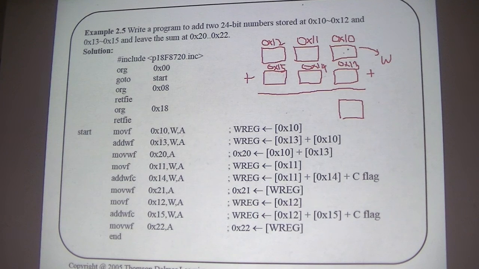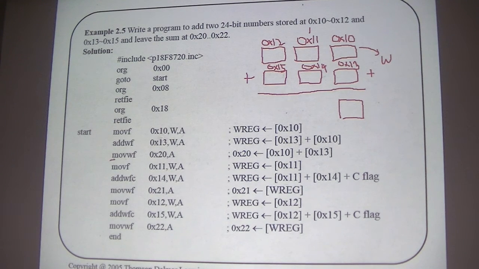The next one, when you add these two, there is a possibility of having a carry here, right? So for the subsequent byte, you should move this to working register, but then you add WFC, you add with carry.